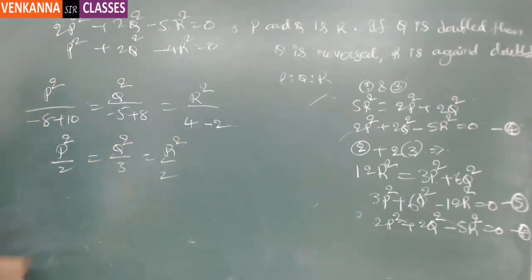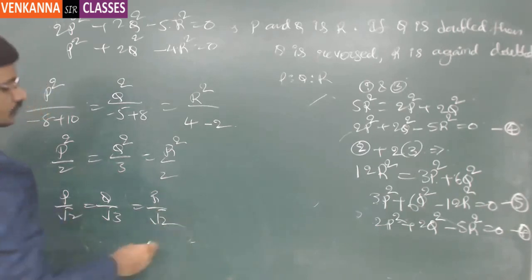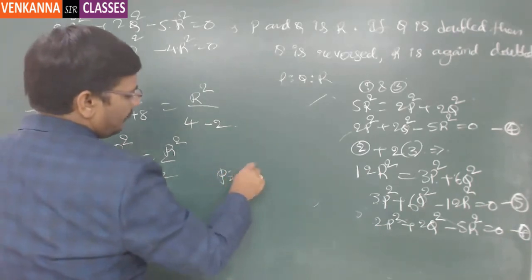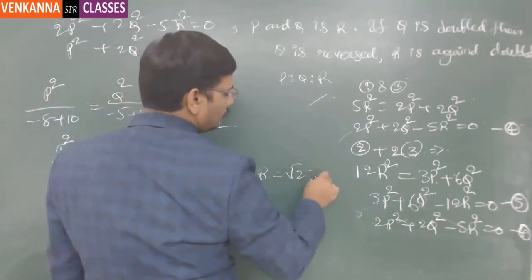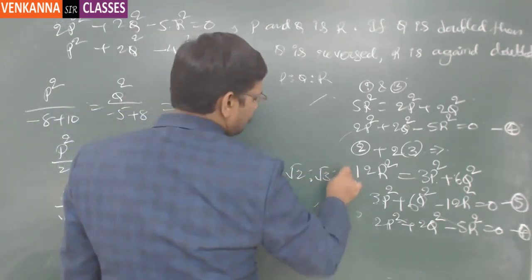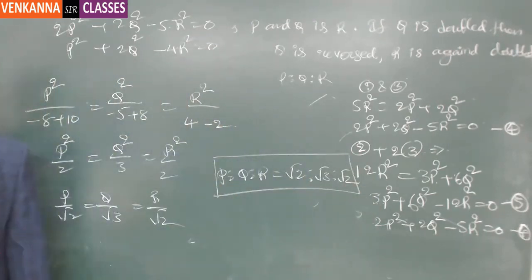If you take the square root of this entire thing, p by root 2 equal to q by root 3 equal to r by root 2. So p is to q is to r is equal to root 2 is to root 3 is to root 2. So this is the answer. Got it?